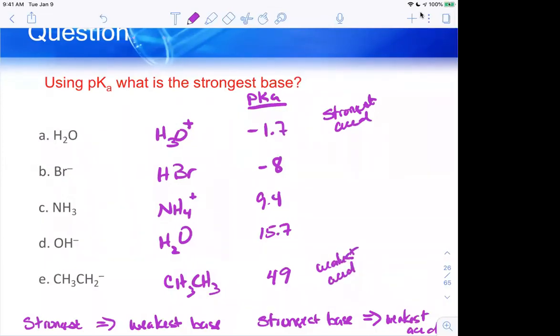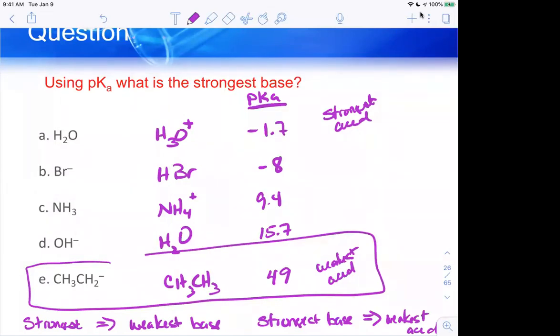Remember, my strongest acid is correlating to my weakest base, and my weakest acid is going to correlate to my strongest base. So here is what I'm going to give you for your strongest base. And that's because the pKa is indicating that that is the weakest acid.